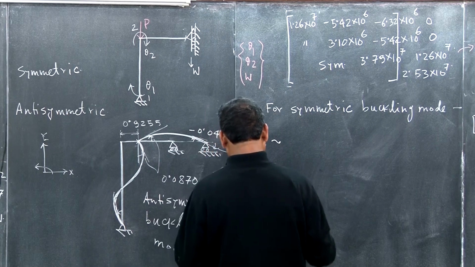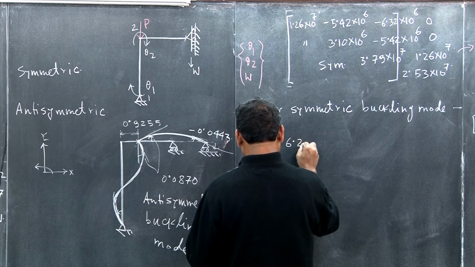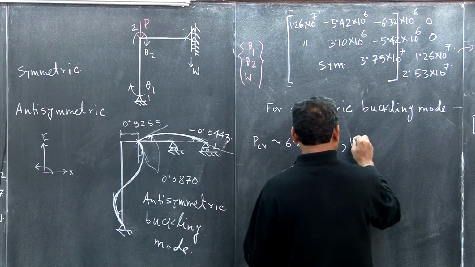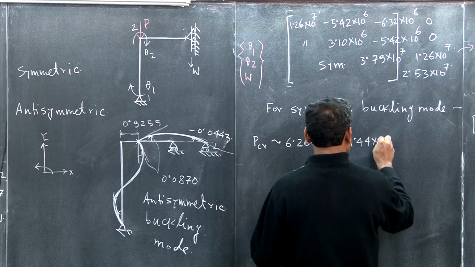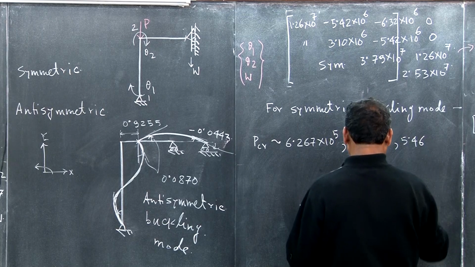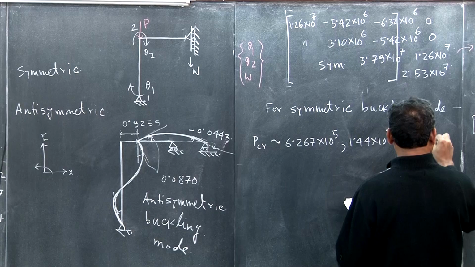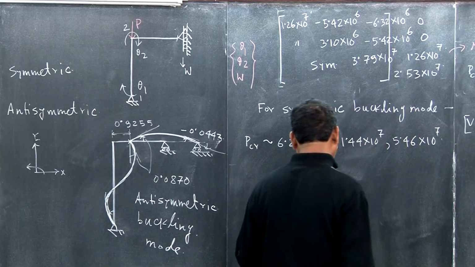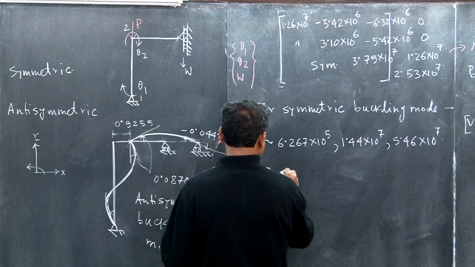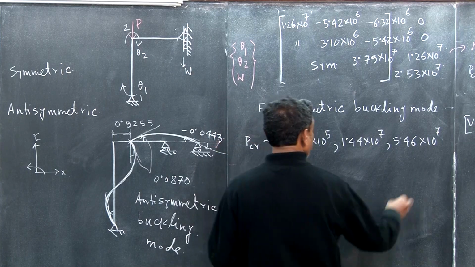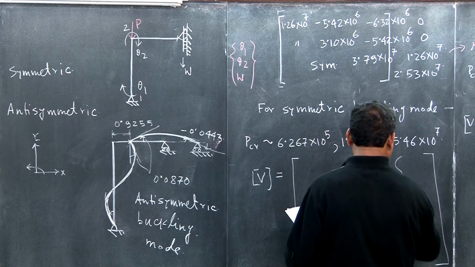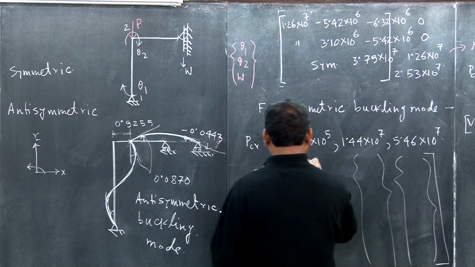So it is 6.267 times 10 to the power 5, 1.44 times 10 to the power 7, 5.46 times 10 to the power 7. Okay, and the eigenvector, not all eigenvectors, there will be 3 eigenvectors, but I am going to write only the first one.